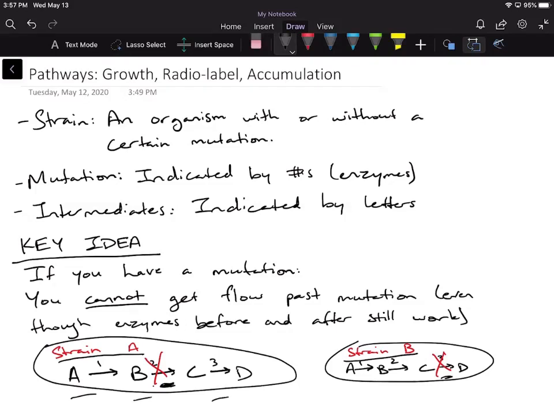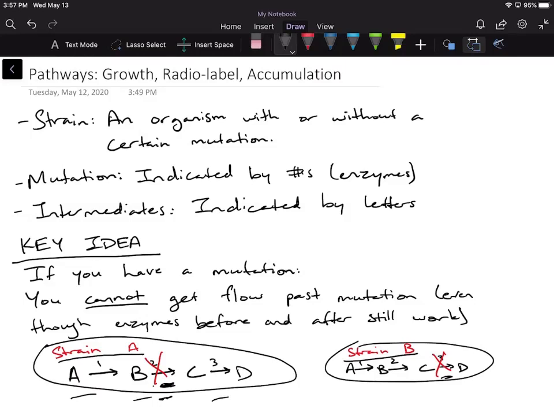So basically the whole goal of this entire week's worksheet, and the concepts we're learning this week, is we're going to be conducting different experiments where we mutate different enzymes in these strains, okay? And so each strain has a different mutation, and then by having multiple strains with different mutations, you can elucidate the order of the different intermediates, or like the different letters that I showed you over here, so that you can find the order of the pathway.